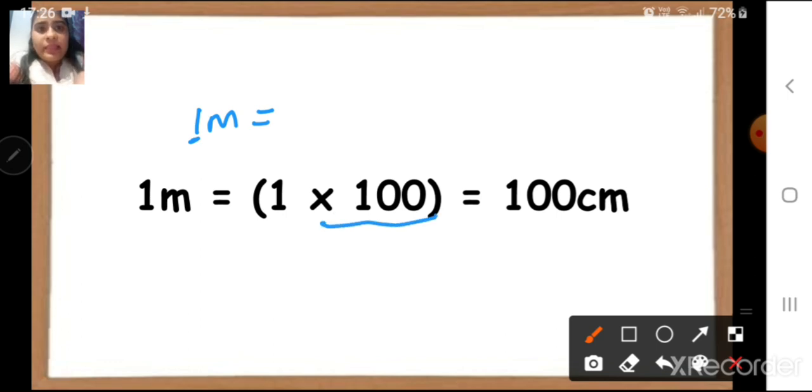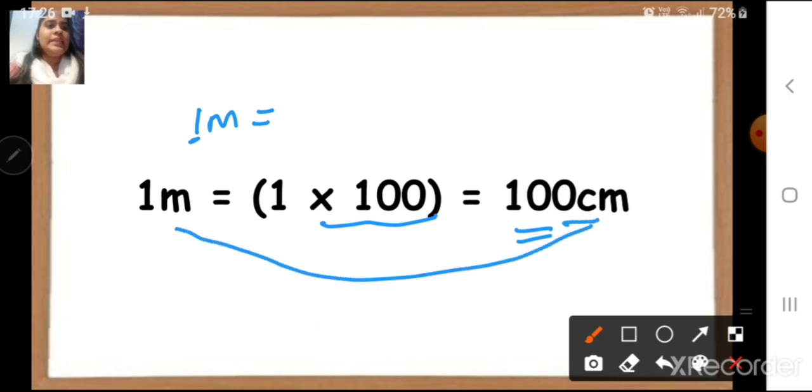We multiply the number by 100. 100 is equal to 100. So our answer is converted from meter to centimeters. How do we do it? By multiplying it by 100.